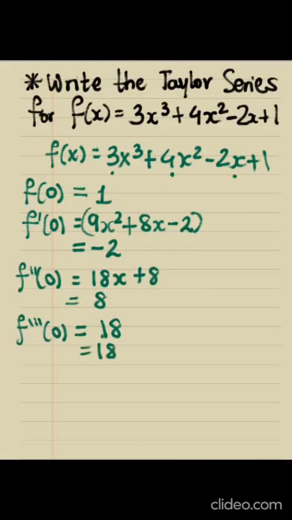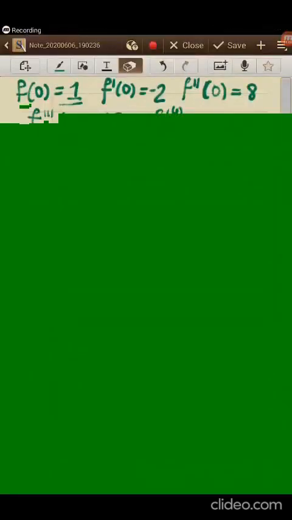And the fourth derivative of 0 equals, if you differentiate 18, you get just 0. So this is 0, and all of the terms after it equal 0. For our convenience, I've already written down all of our functions and also the Maclaurin series. So we're going to start by inserting our functions into the Maclaurin series.